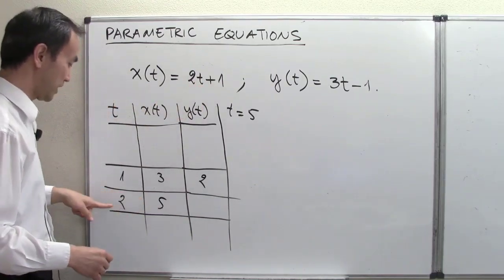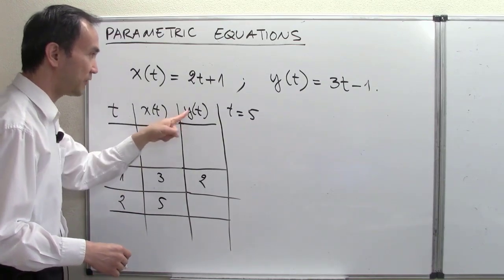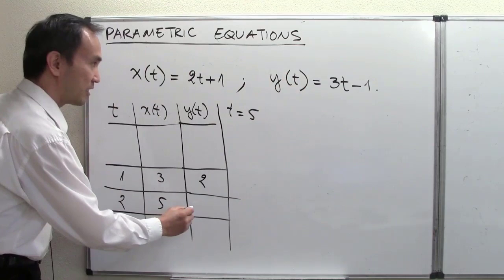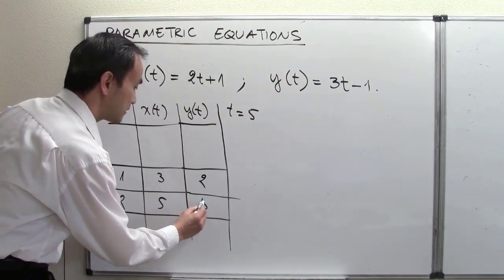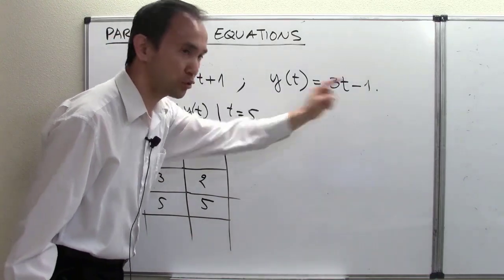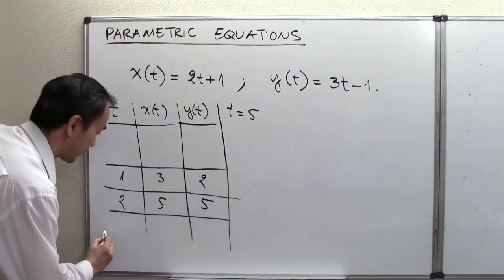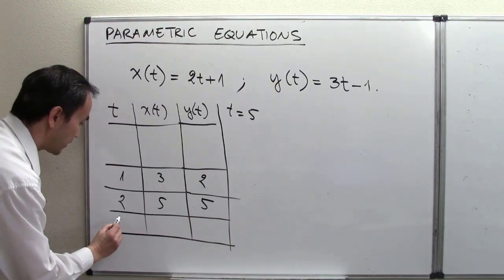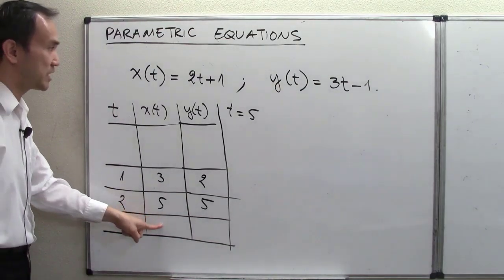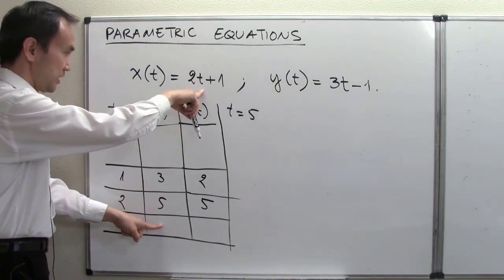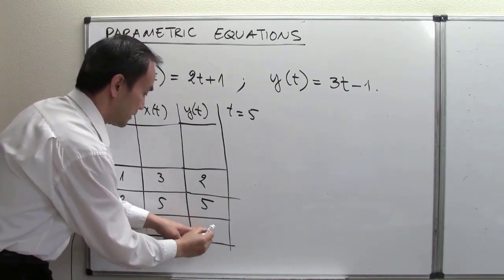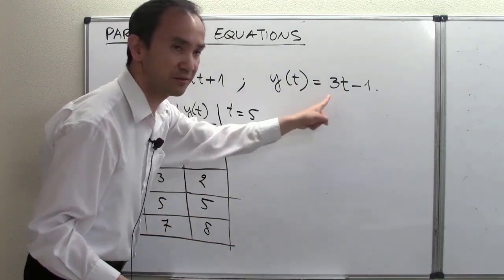And for y, when t equals 2, the output value on our y function comes out being 5 as well, because 2 times 3 minus 1. Then we can try that for when t equals 3. The x value comes out being 2 times 3, making 6, plus 1, 7. And right here we're looking at 8, 3 times 3 minus 1.